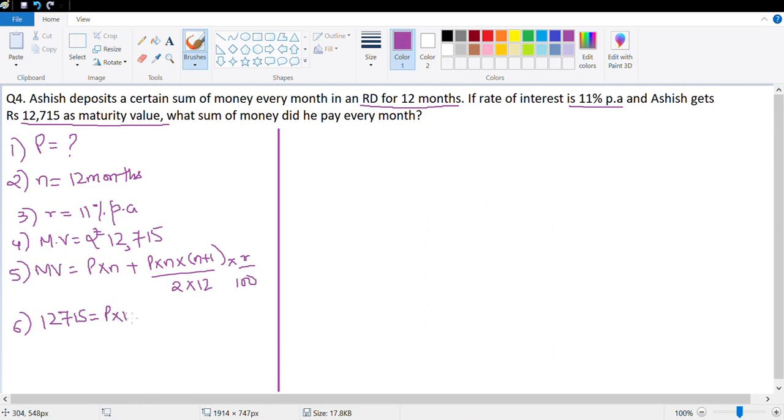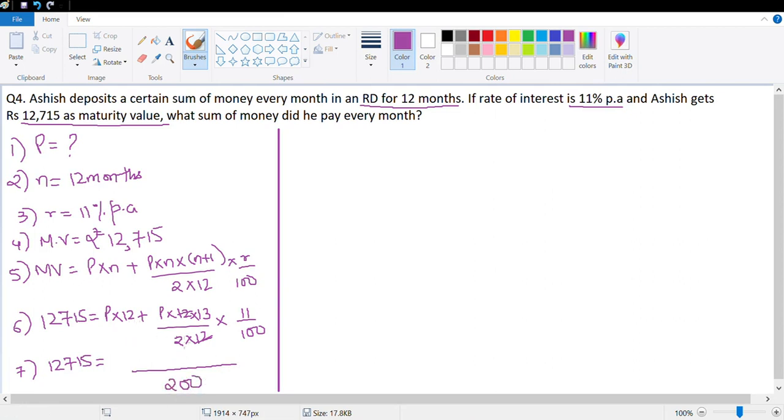Time, that's 12. Principal not known. N plus 1, that's 13 upon 2 into 12 multiplied by R, in this case 11 upon 100. 12 and 12 get cancelled. So what we have is 12715 is equal to, let's take the LCM, that's 2 into 100, which is 200.